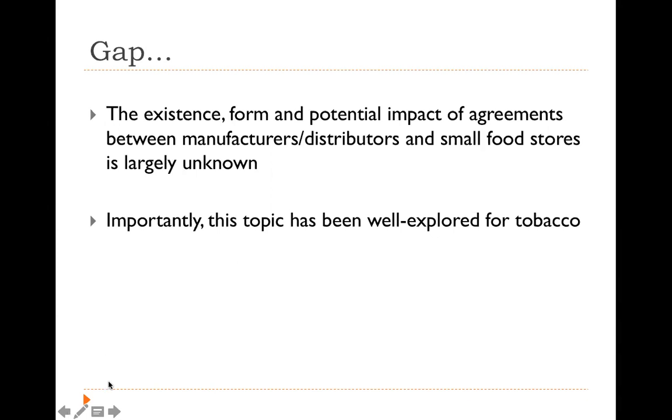But what we've learned from tobacco control research is that cigarette companies in the tobacco industry offer contracts and incentive programs to retailers that shape what brands and products are available, promoted, and displayed prominently at the point of sale. Next slide, which many of you are well familiar with.